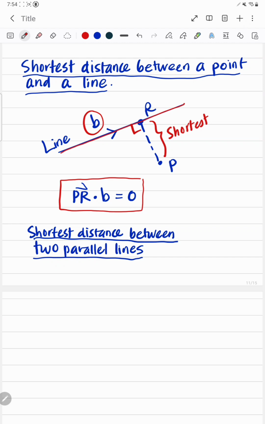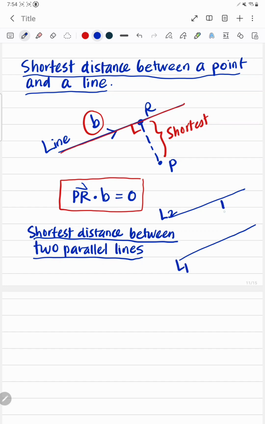In a similar way, if we want to find the shortest distance between two parallel lines, so we have two parallel lines. Let's say we have line 2 and then line 1.